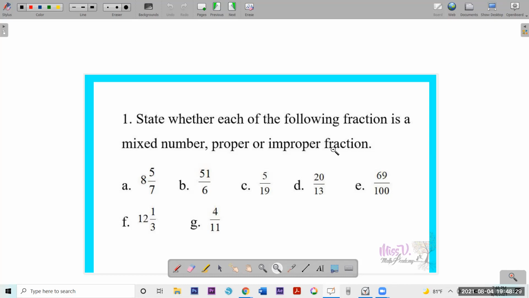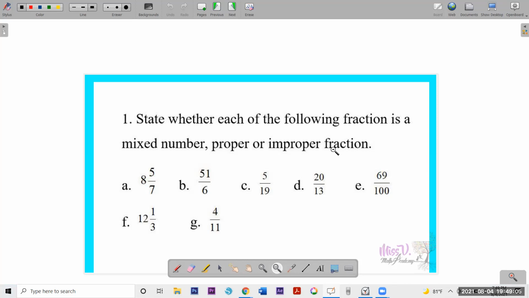Let's go C. Excellent job, guys. Excellent job. D. Excellent.